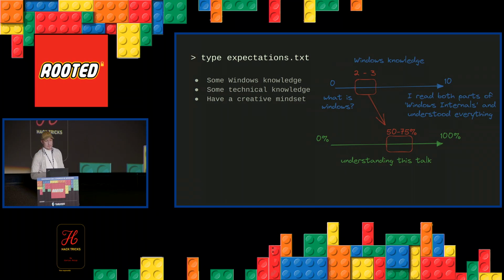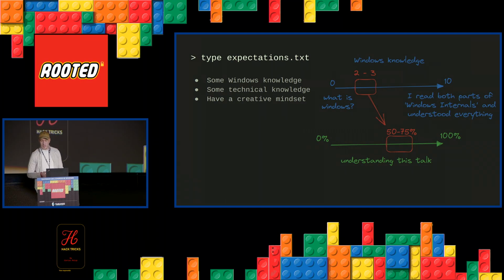So a little bit about my expectations for you to understand this talk. I expect that you have some Windows knowledge and some technical knowledge, and that you can mix that with a creative mindset. So I made this graph. If you don't know what Windows is, that is a 0. And if you read both parts of Windows Internals and you understood everything, you are a 10. If you are around 2 to 3, so you have some familiarity with Windows, then you should be able to understand 50 to 75% of the talk.